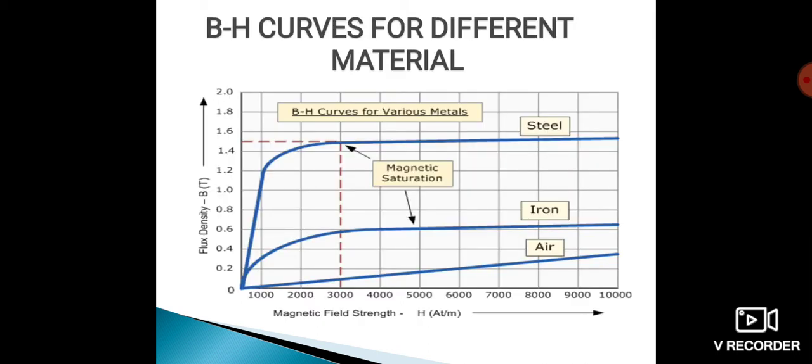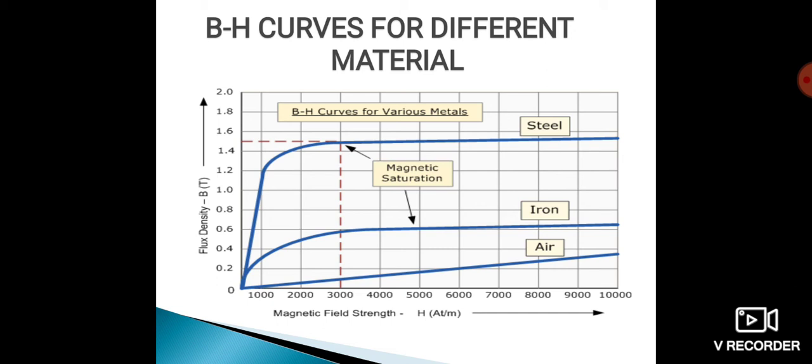Now, from the diagram, we can see the BH curve for different materials. On the x-axis, magnetic field intensity is represented. On the y-axis, magnetic flux density is represented.